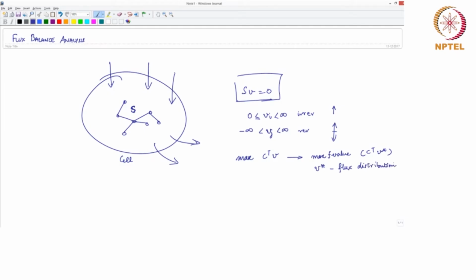What can you now tell me about the uniqueness of V star and C transpose V star? Have you studied linear programming before? You may need to call in some logic of linear programming here.